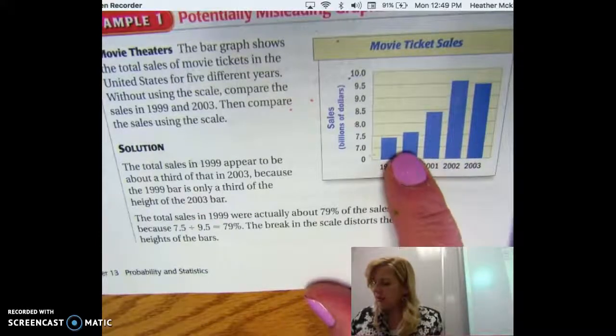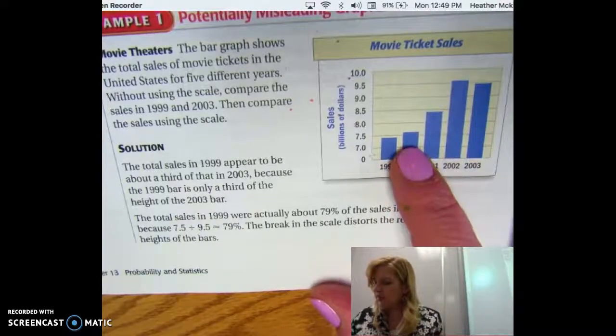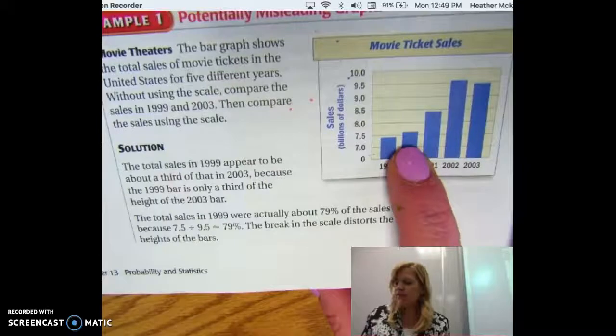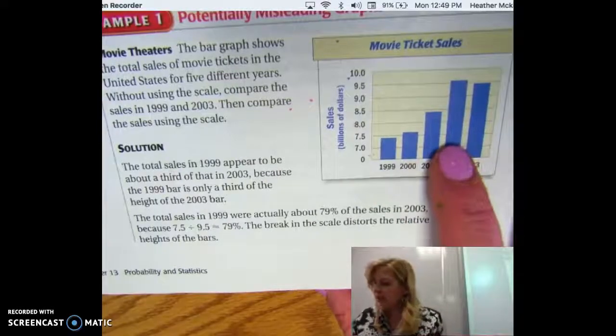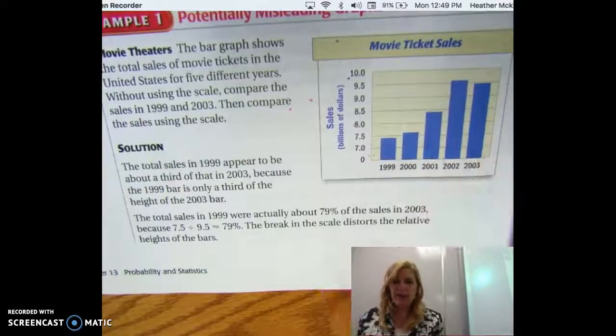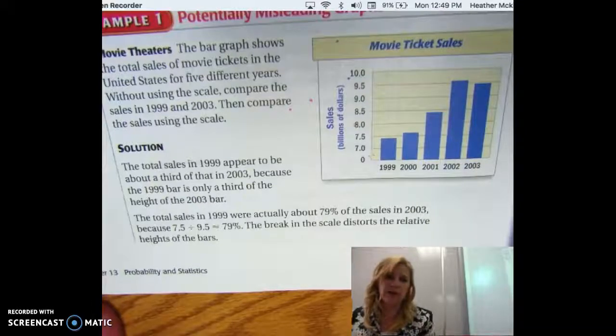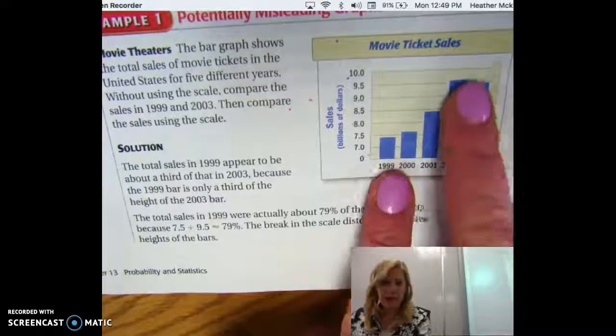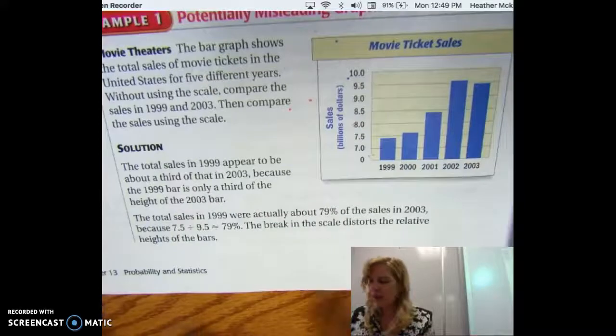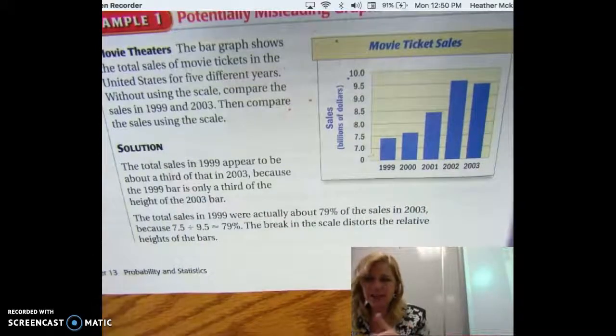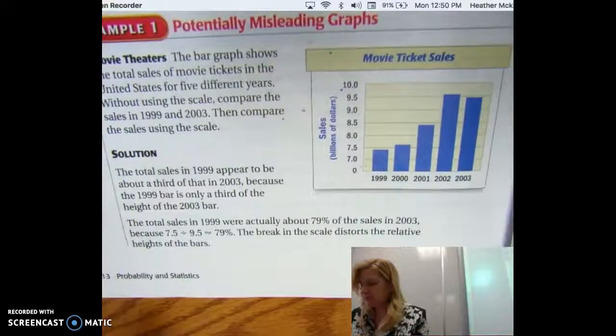It looks like if we would double to triple this, we're looking at $15 to $20 million, and this is nowhere near that. So it makes the amount of money that you earned look more dramatic. So if I were going into my boss, I would want to show this graph and not ones that made it look like it was a slow climb.